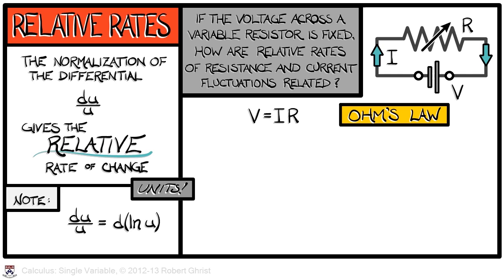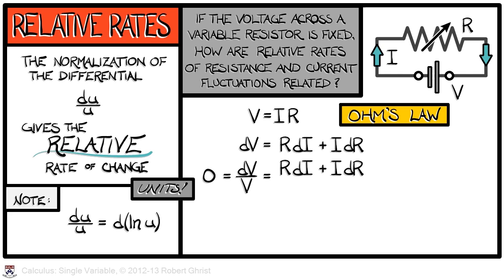That is, V equals I times R. Now, if we differentiate both sides of this equation, we get dV equals R dI plus I dR. And now, to compute the relative rate of change, we look at dV over V. That must be 0 since the voltage is fixed. So, dividing the right-hand side by V gives us what? Well, R dI plus I dR over I times R.